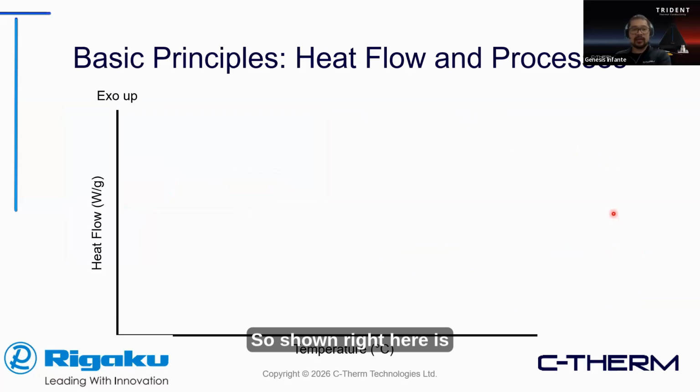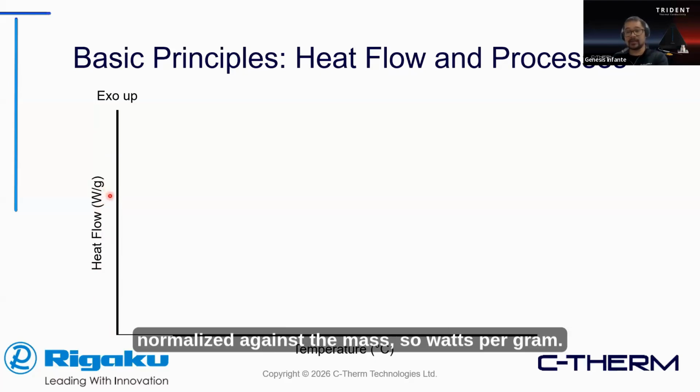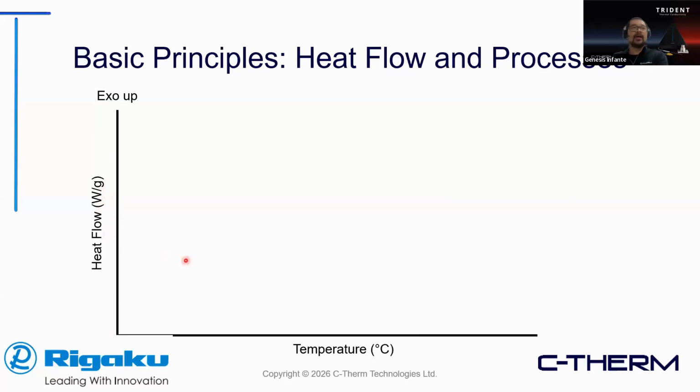So shown right here is our typical DSC test graph, an XY axis. In this graph, the horizontal x-axis here would be your temperature typically, and on the y-axis is the heat flow, normalized against the mass, so watts per gram.